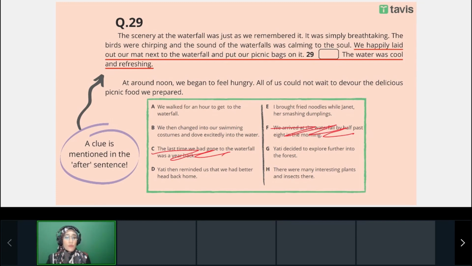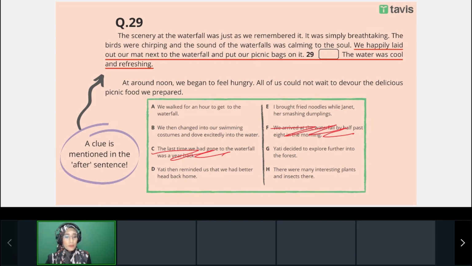The water was cool and refreshing. So once they got to the waterfall and they laid out their mat next to the waterfall, they put their picnic bags on it. Then they get the feeling of the water, right? They are trying to feel it on their skin. The water was cool and refreshing.